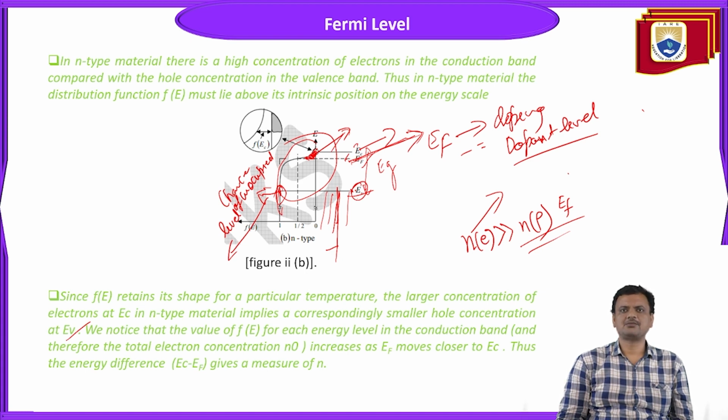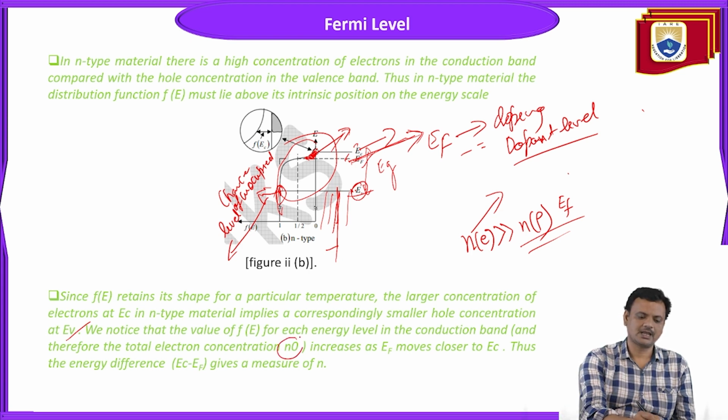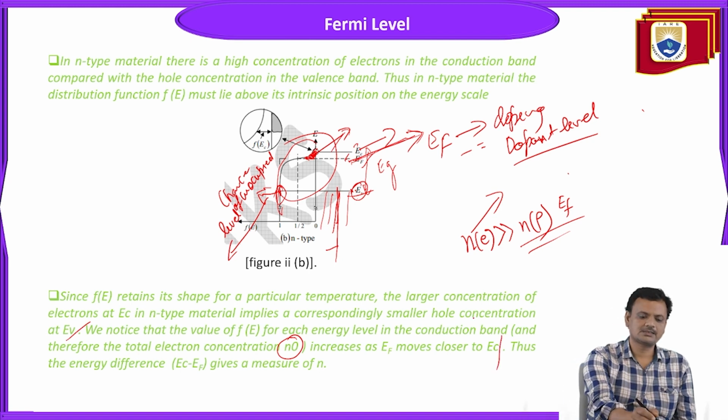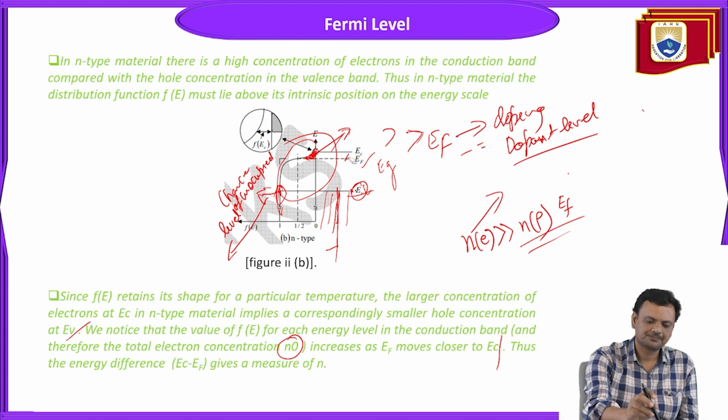And we noticed that the value of F of E for each energy level in the conduction band, and therefore the total electron concentration N naught, increases as EF moves closer to EC, the conduction band edge energy. This is your EC.